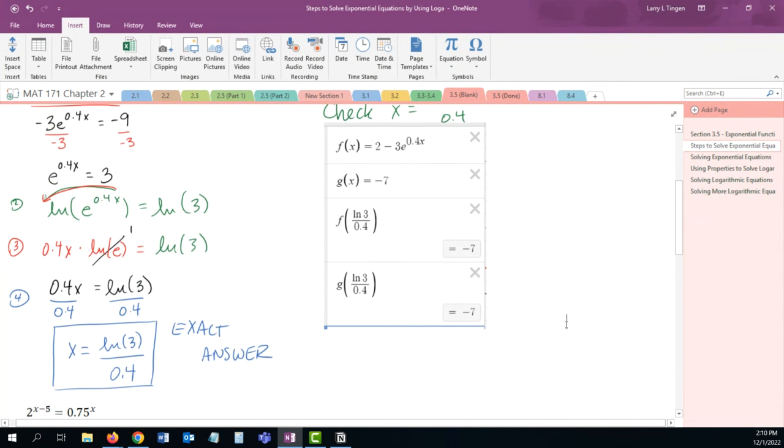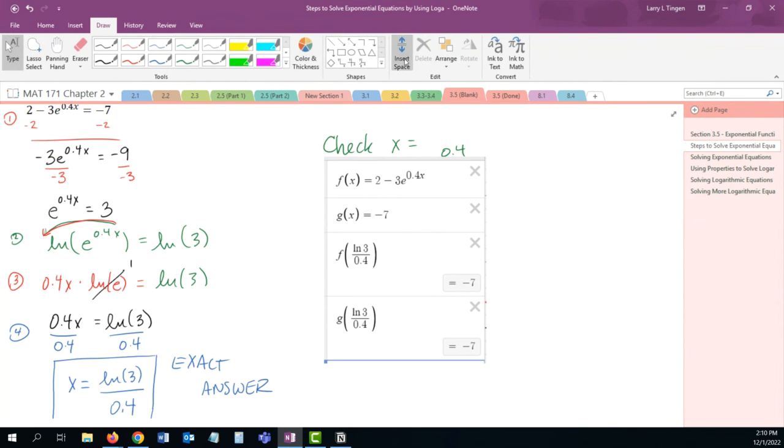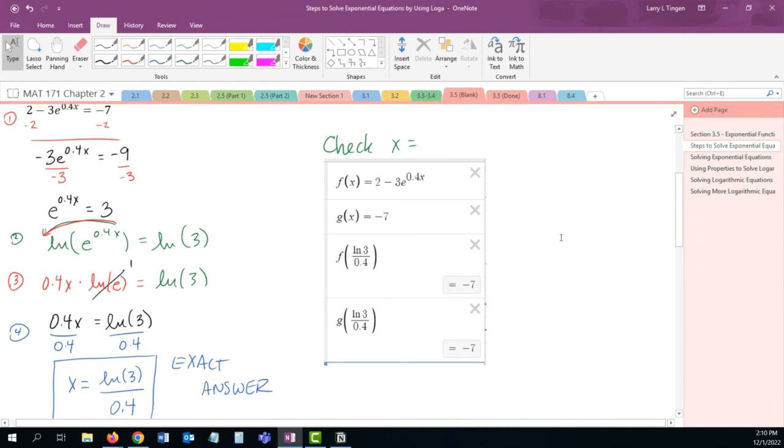The check is not something I have to see. I don't expect it. It's just a thing at the end of the problem that will help make sure you don't end up saying this is a solution when actually it's not.